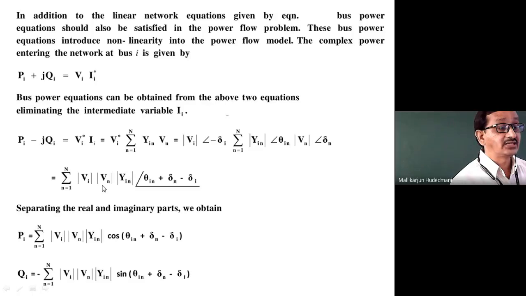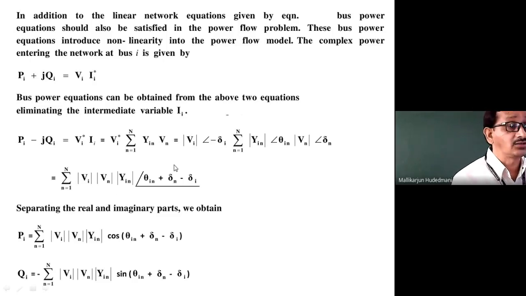Now this becomes the product of magnitude, and this is the angle. As it is in polar form, if I visualize these three products, Vi, Vn, Yin, as the magnitude of the polar quantity, and all three angles together as the grand angle, then this is in polar form.